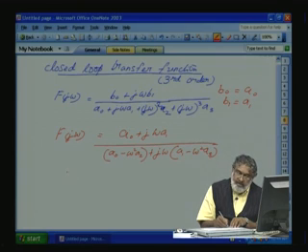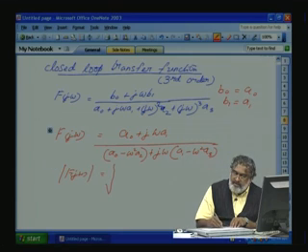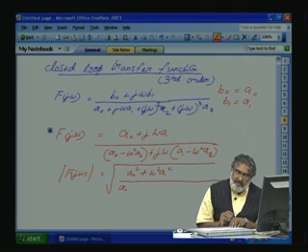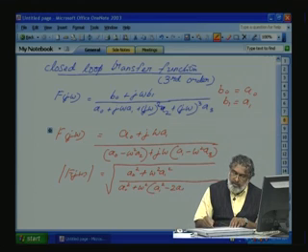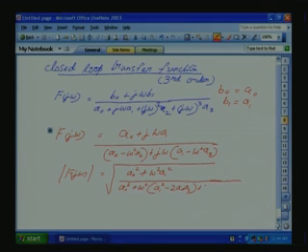So here if you do it, the modulus of F(j omega) will be equal to root of (A0 square plus omega square A1 square) divided by, this modulus we have found out, A0 square plus omega square into (A1 square minus 2 A0 A2) plus omega raised to 4 into (A2 square minus 2 A1 A3), then one more term, plus omega raised to 6 A3 square. So this is the overall denominator.